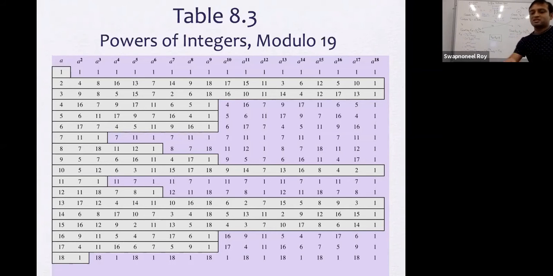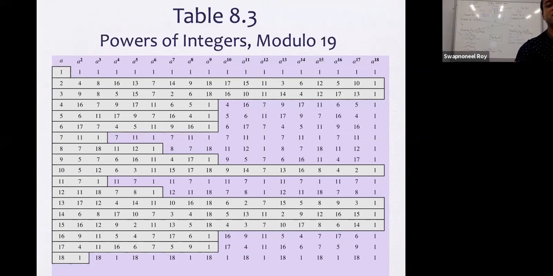So the next element over here is 2 to the 2 mod 19, which is equal to 4 mod 19, which is equal to 4, which is why this one is 4. The third element is 2 to the 3 mod 19, equal to 8 mod 19, equal to 8.